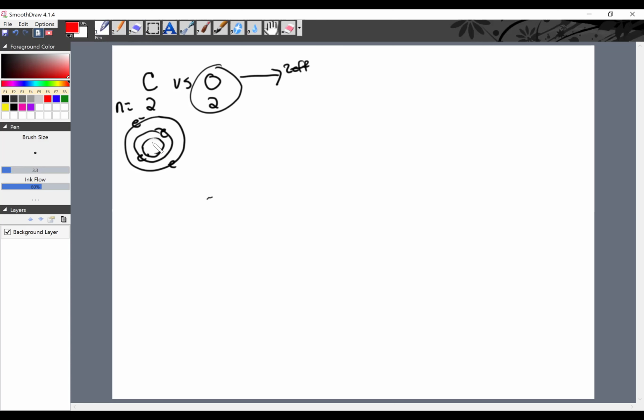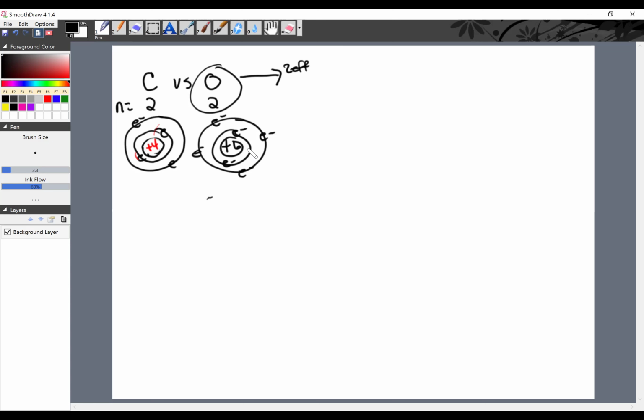It actually has 4 protons in its nucleus. Oh, look, they're getting shielded though. But the oxygen electrons are in the same shell. So I have 6. There's still 2 in the N equals 1, but now there's 1, 2, 3, 4 out there.